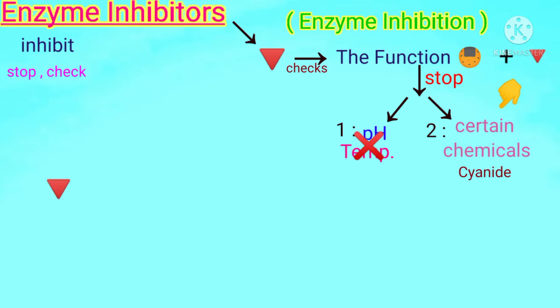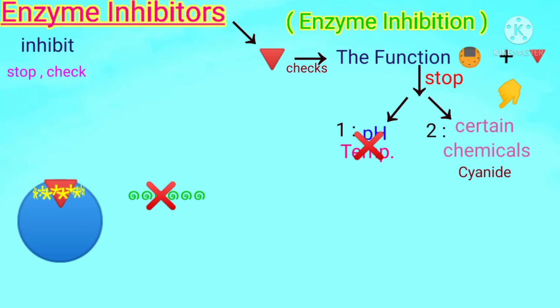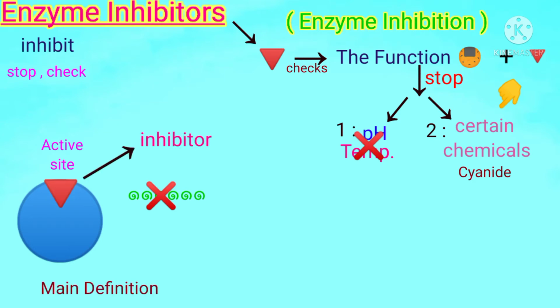So when a chemical substance reacts with the enzyme in the place of a substrate, and that particular substance will not change into product, but only blocks the enzyme's active site, it is an inhibitor. Dear students, this is the main definition of the enzyme inhibitor, during which an inhibitor attaches with the enzyme's active site in the place of the substrate.